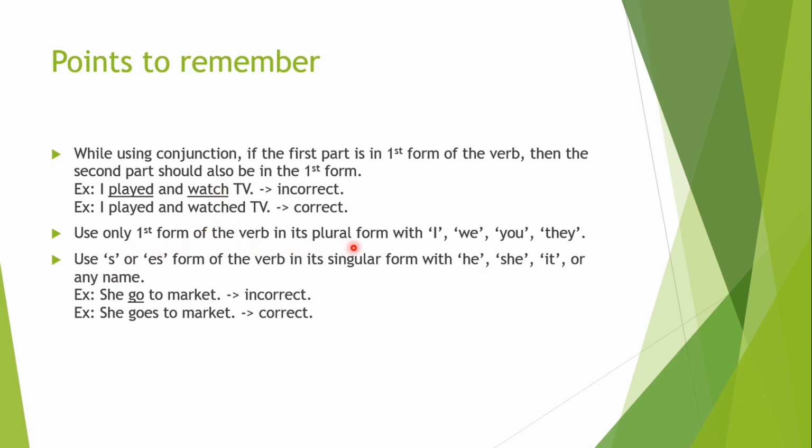Use only the first form of the verb, in its plural form, with I, we, you, they. And use the S or ES form of the verb, in its singular form, with he, she, it or any name. अगर आपके पास he, she, it है तो उसमें verb में आप हमेशा s और es form लगा देंगे. ठीक है, और I, we, you, they है तो उसके साथ में आप plural लगाएंगे. Like "She go to market." This is wrong. It should be "She goes to market." She is a singular, so with singular we will use either s or es.